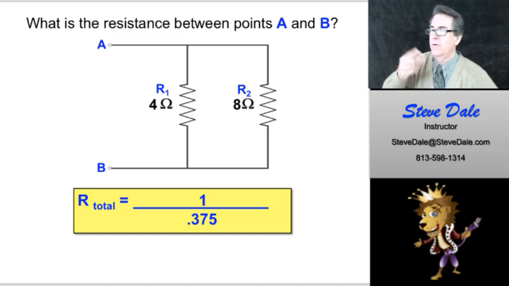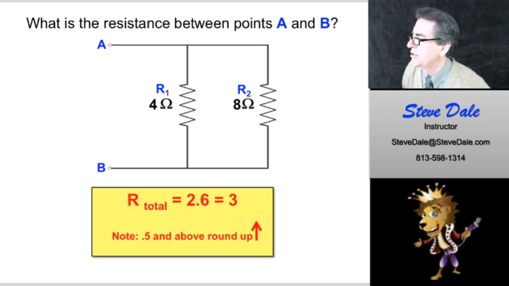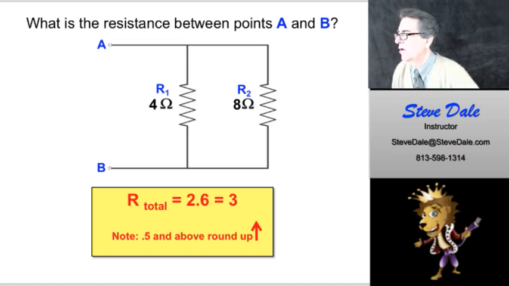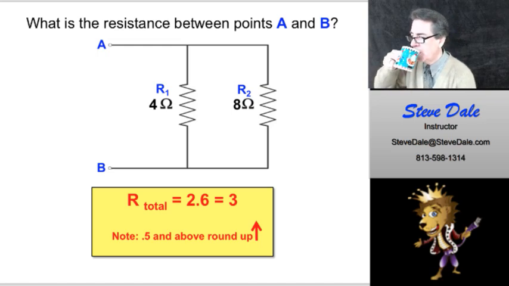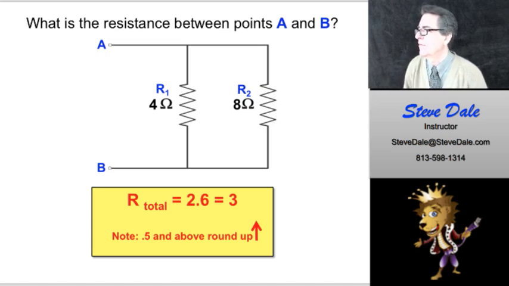Don't make the mistake of doing it in reverse. That's 2.6, okay? Again, that is less than 4, right? Remember I said it would be less than 4? So 2.6.